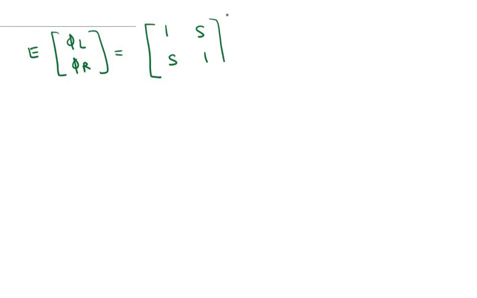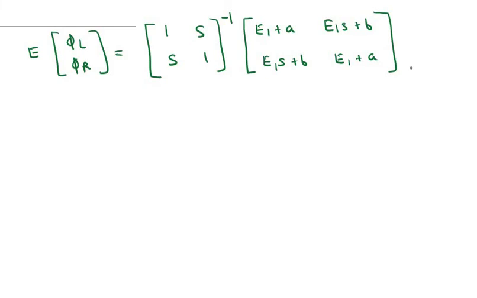So we can just write E phi L phi R equals 1 S 1 inverse, E1 plus A, E1 S plus B, E1 S plus B, E1 plus A, into phi L and phi R.